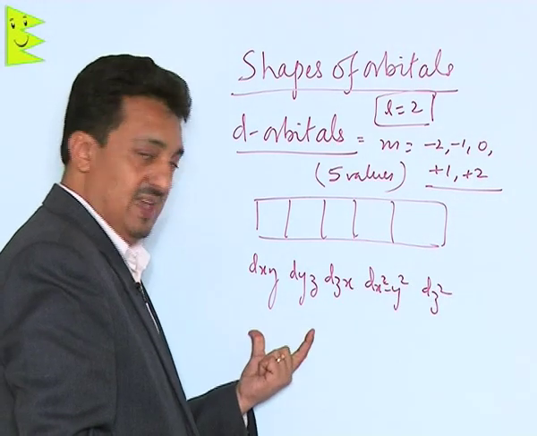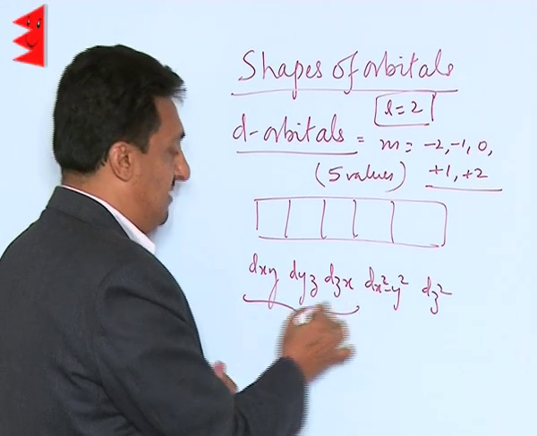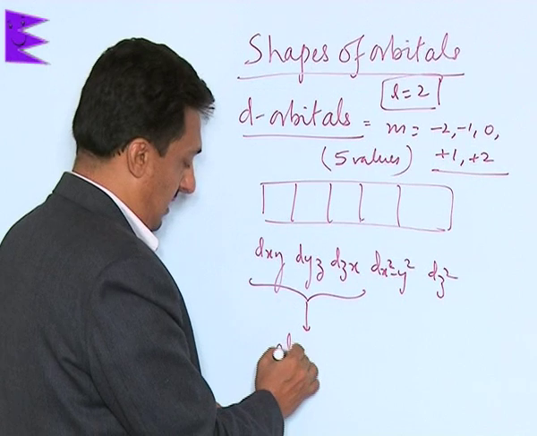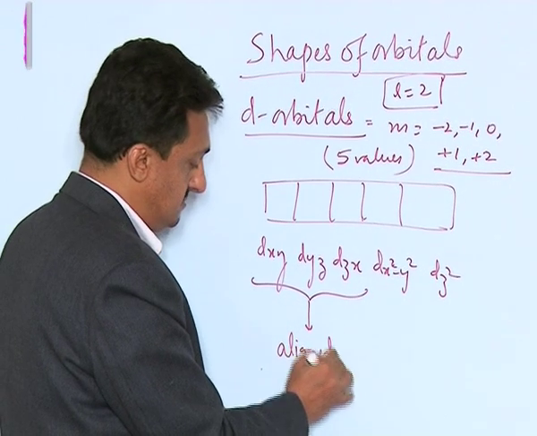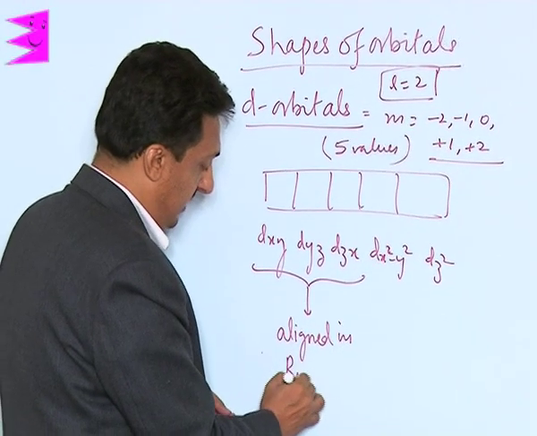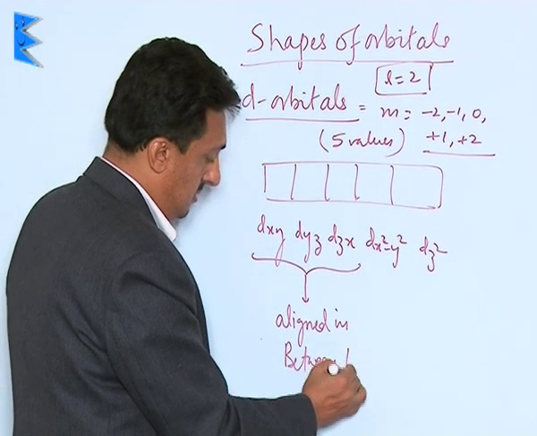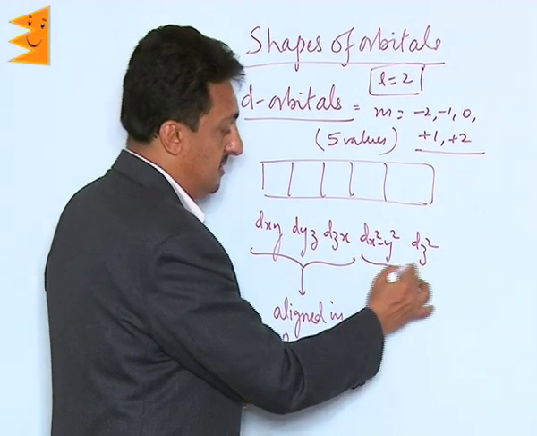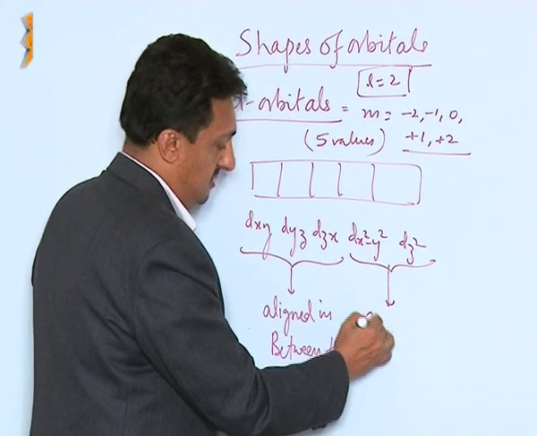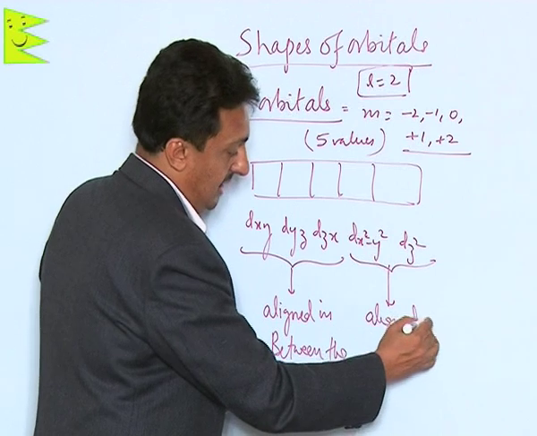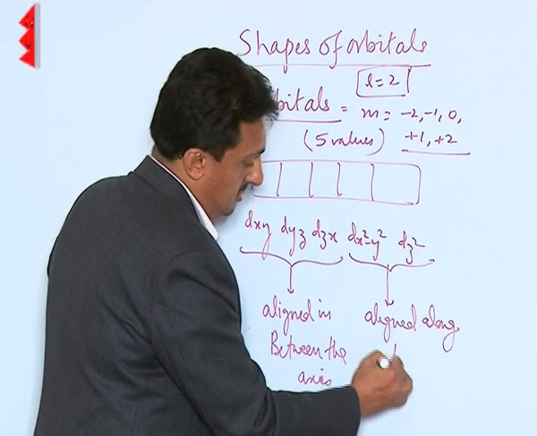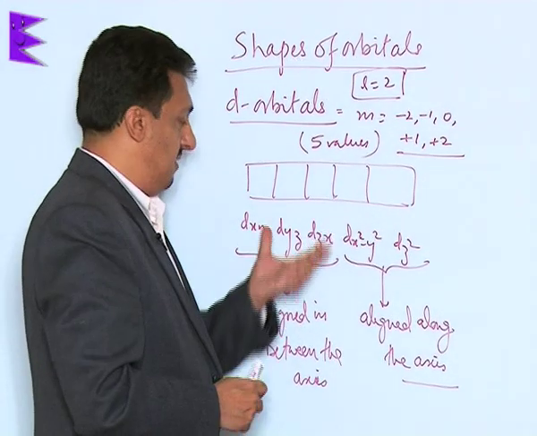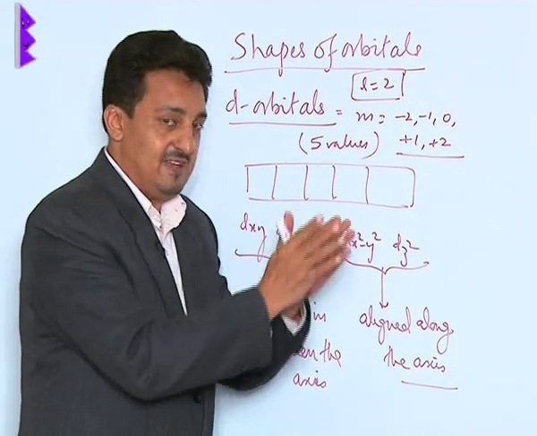Now out of these 5, remember, these first 3 are aligned in between the axis, and these 2 are aligned along the axis. Like p were always aligned along the axis, d are not like this.